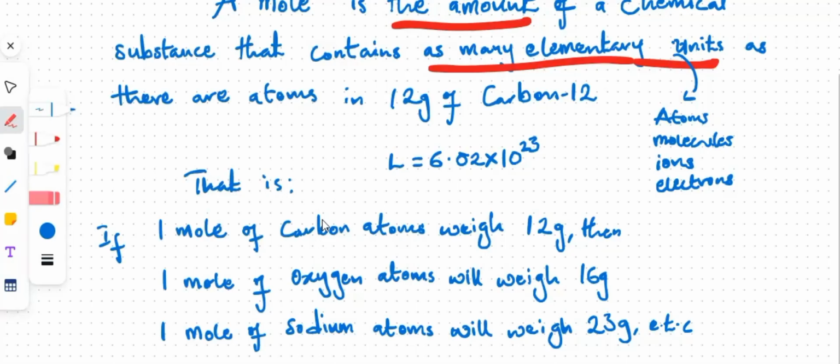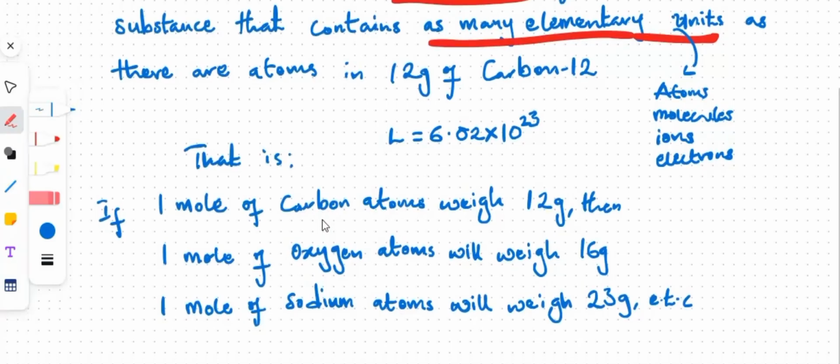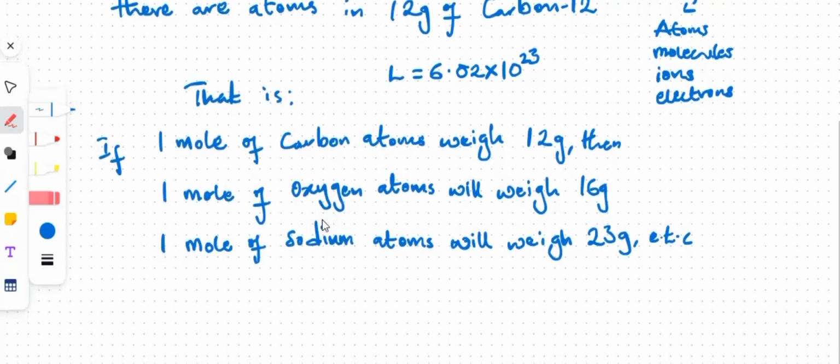Elementary units. That means as 1 mole of carbon weighs 12 grams and contains 6.02 times 10 to the power 23 atoms, 1 mole of oxygen atoms will weigh 16 grams and still contain 6.02 times 10 to the power 23. Like I said, take note: as many elementary units. That is your keyword. Then 1 mole of sodium will weigh 23 grams, but also contains 6.02 times 10 to the power 23 atoms.